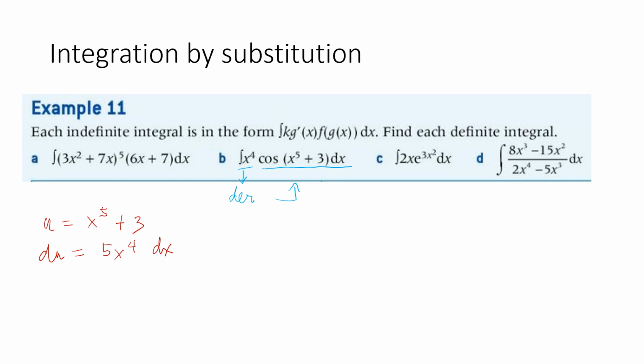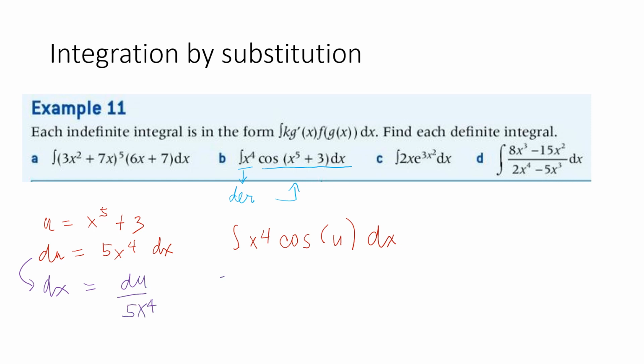So the next thing that we are going to do is to rewrite this. So this could be written as the integral of x raised to 4 cosine u dx. But what is our dx? Here, our dx from this point is the same as du over 5x raised to 4.